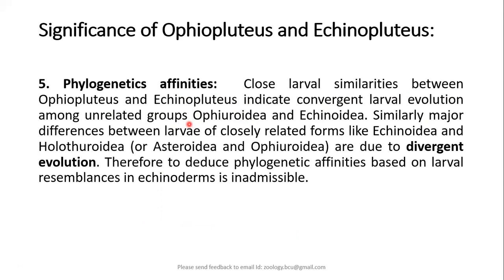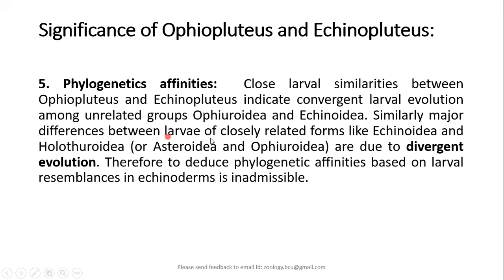So as we have seen, though brittle star adults and sea urchins don't have the same external features, the larvae show a lot of resemblance, which may be due to the convergent larval evolution, which is seen in the unrelated groups of animals included under the class Ophiuroidea and Echinoidea.